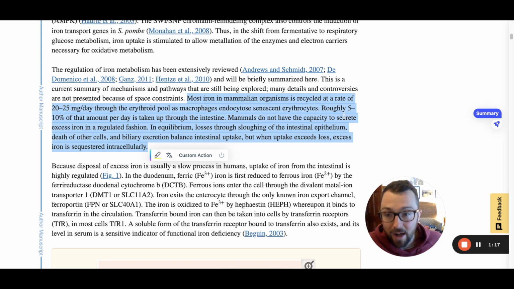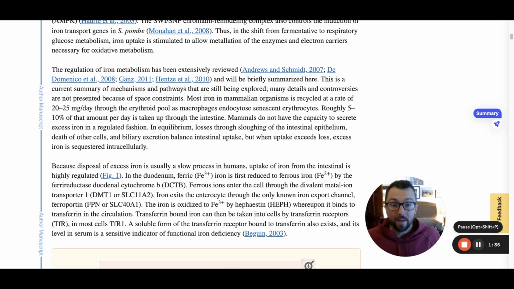So roughly 5 to 10% of that amount per day of that 20 to 25 milligrams is taken up through the intestine. That's what's being absorbed to make up for what isn't being recycled and is being excreted. So our body is incredibly efficient at recycling the iron that has been used and is being dumped from old blood cells.